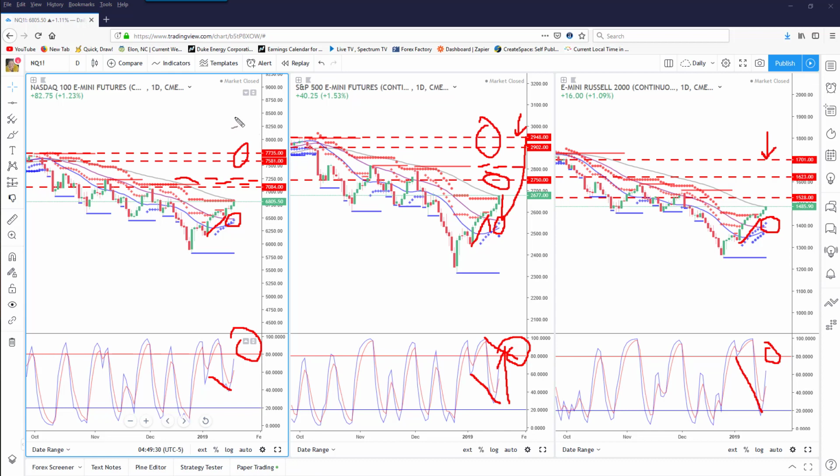Okay, there's two potentials that's going to stop that market. One is the monthly and one is the weekly. Okay, either one of these can stop the market. Okay, and that's what I'm going to be looking at.